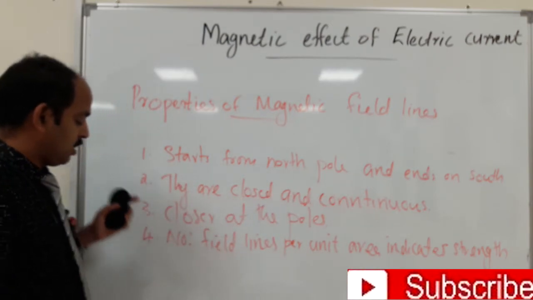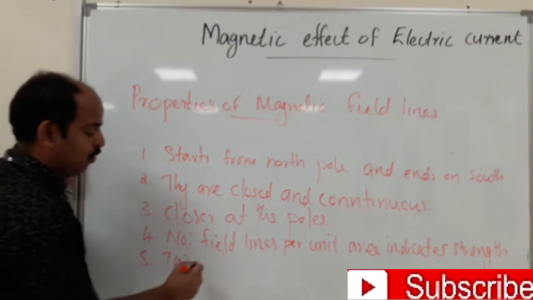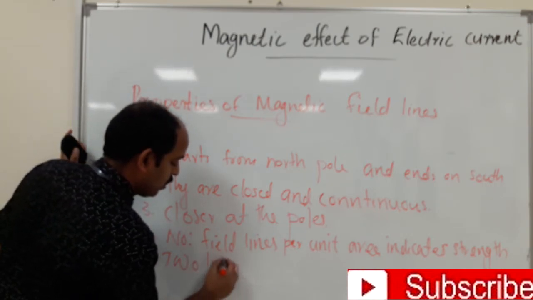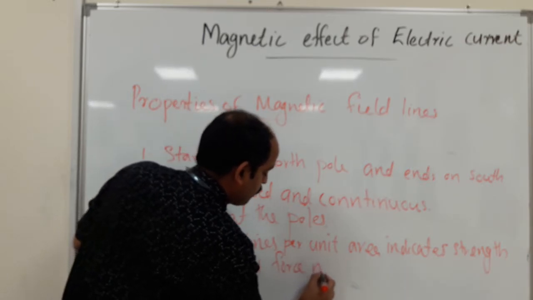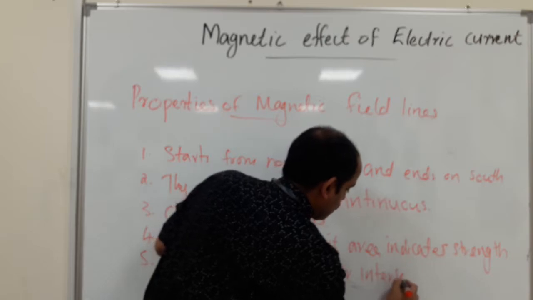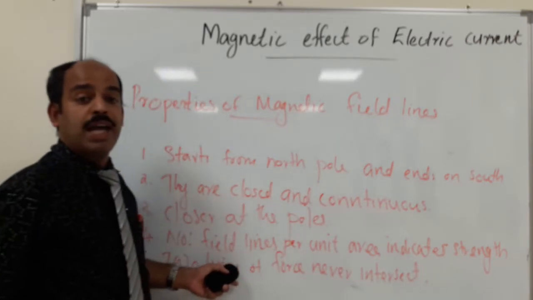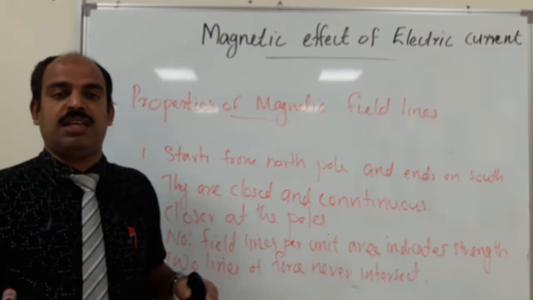Then the last, fifth one is that two lines of force never intersect. Two magnetic field lines never intersect. Why?